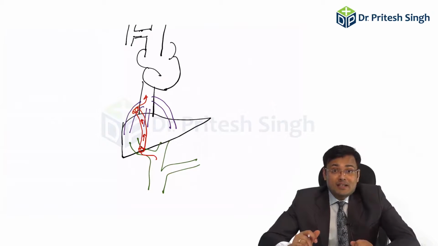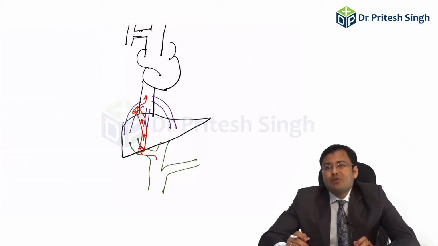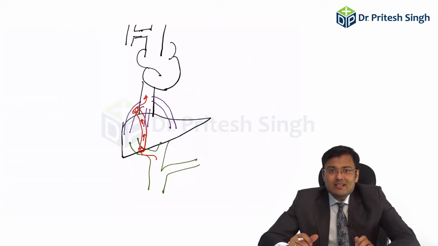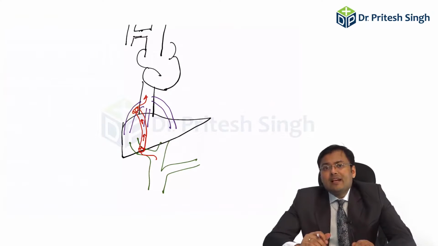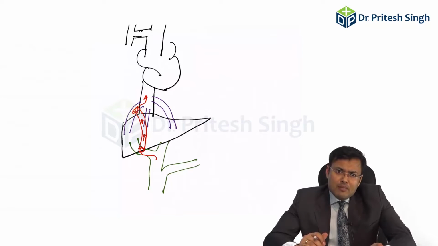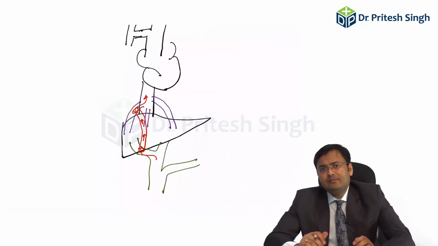But what's the disadvantage? You must be knowing that portal venous blood is deoxygenated. It contains toxins, nutrients. So what happens? There is high level of ammonia in portal venous blood. You must be knowing that urea synthesis occurs in liver. From ammonia, conversion into urea.